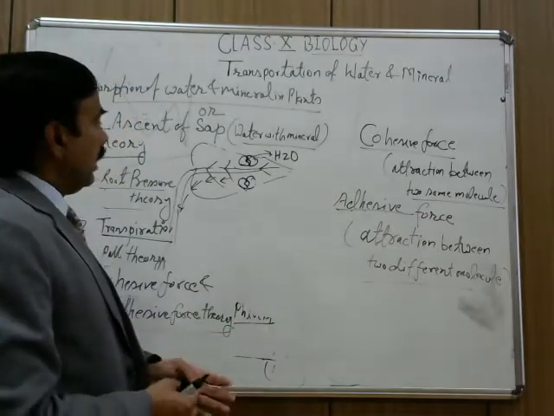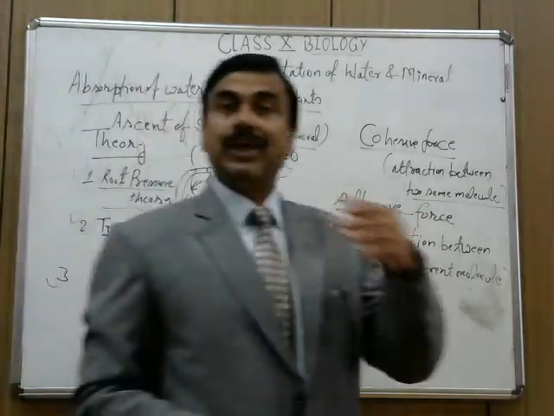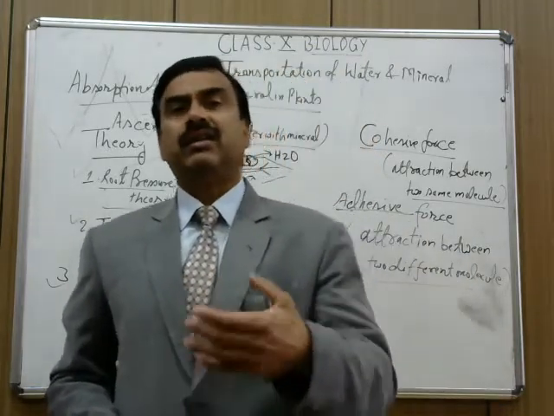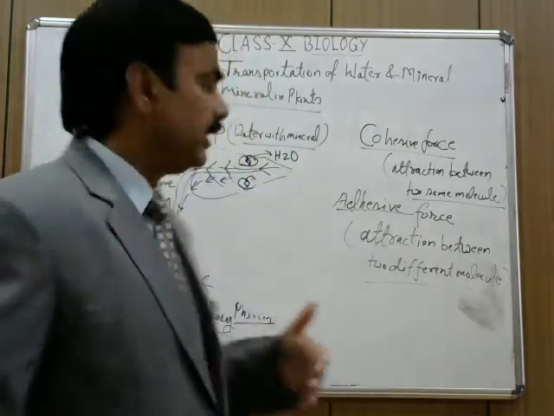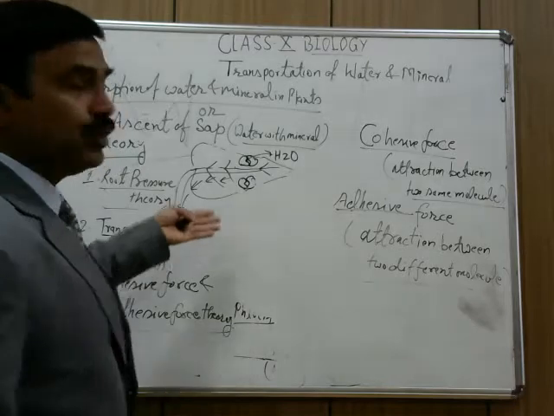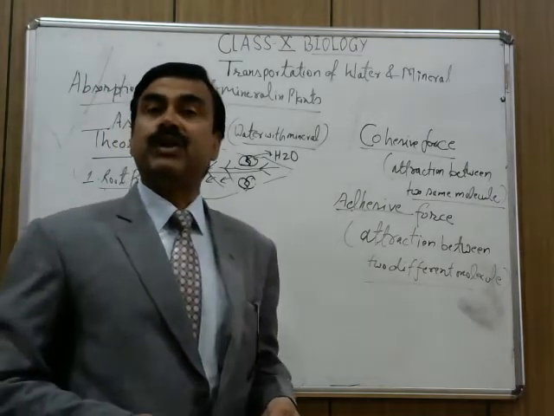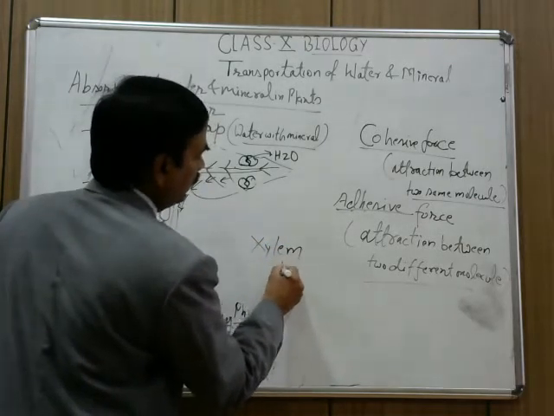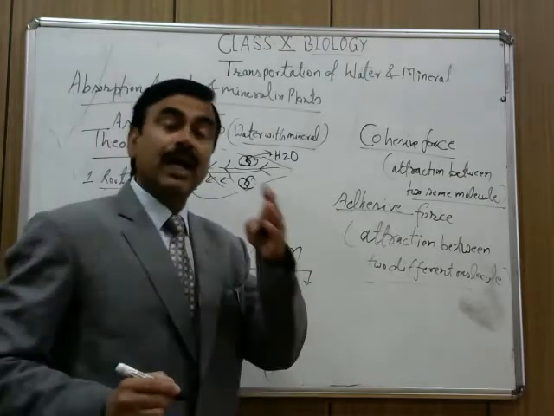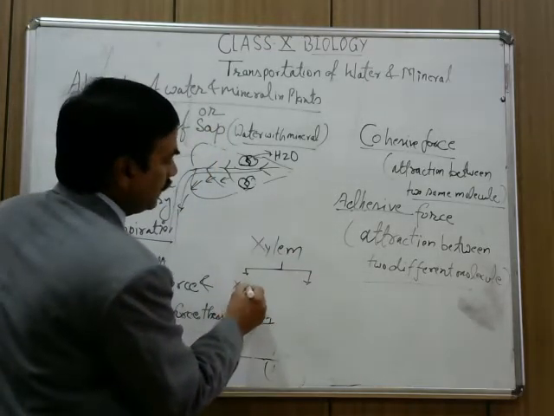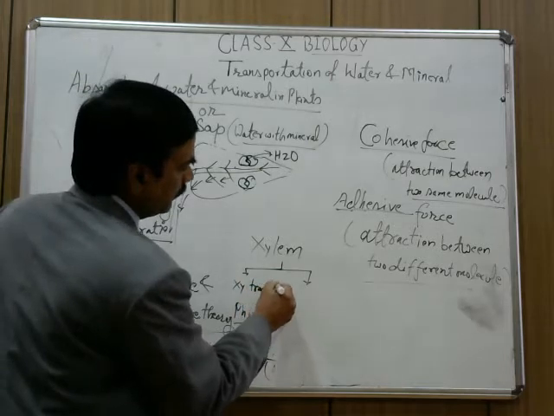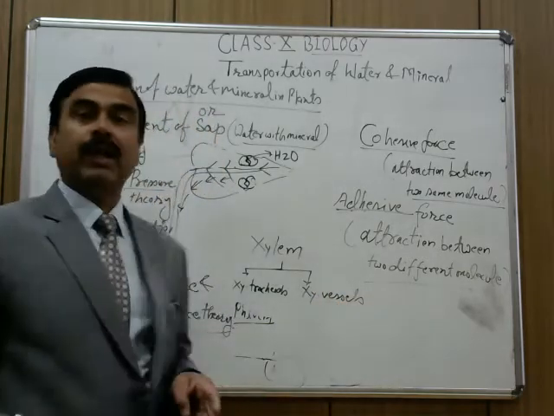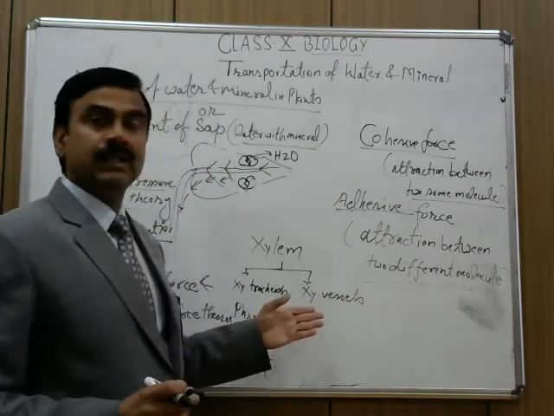In this, you have to draw these two diagrams, I mean, TS of root and TS of leaf. It is introductory knowledge, but you have to remember the names of tissues which are involved in the absorption of water and mineral. Xylem. And in the xylem, you have to remember xylem tracheids and xylem vessels.